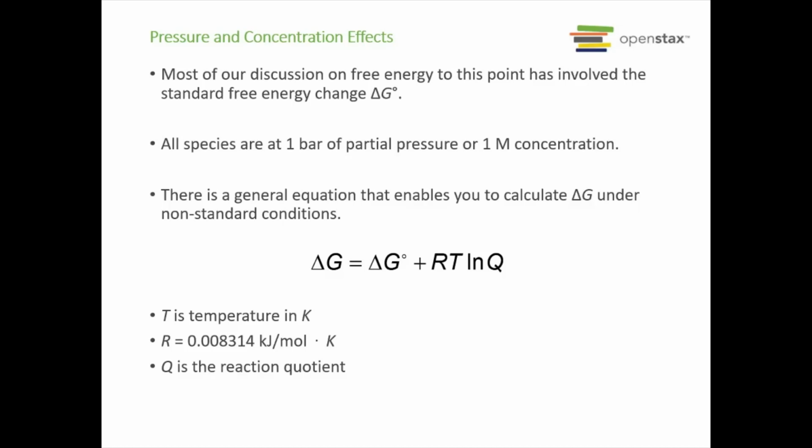All right, so far we've been talking about free energy change, delta G, and we're doing this with the standard free energy change. So we're at 1 bar partial pressure, 1 molar concentration.